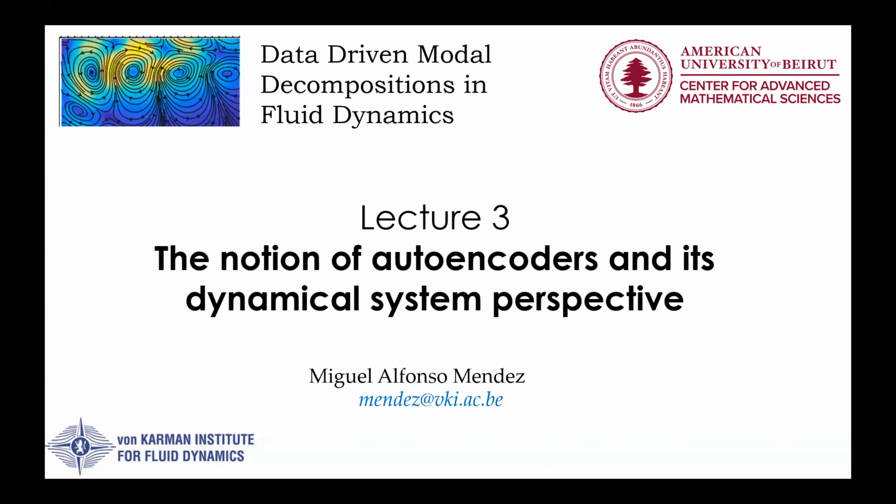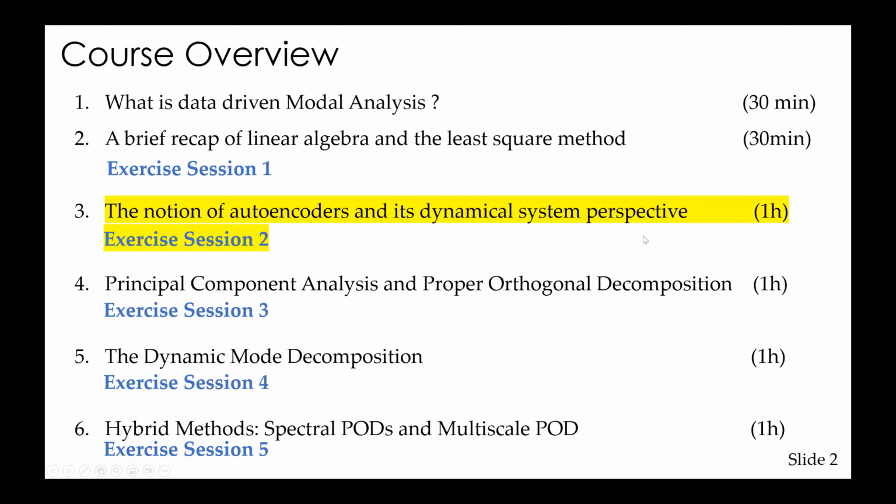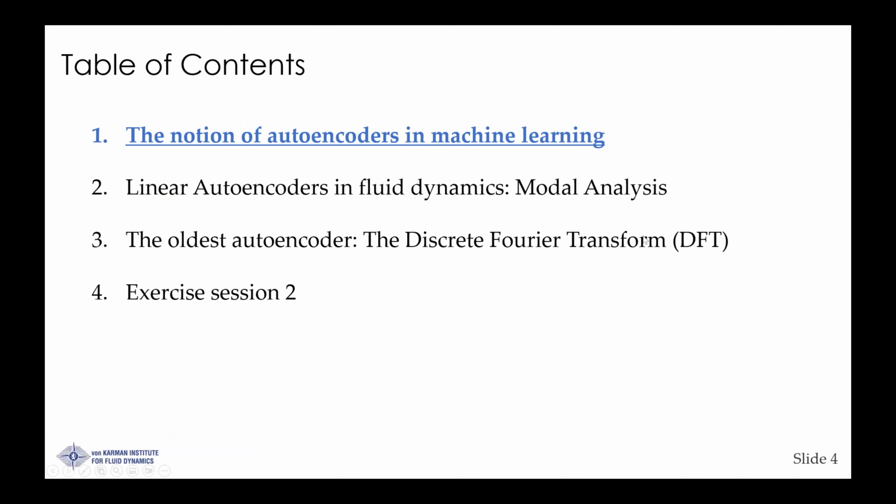But let's recap a bit of what we have seen with this exercise. We have seen already the notion of encoder, decoder, and autoencoder. With this third lecture, what I wanted to give was the dynamical system perspective of this operation. What do I mean by dynamical system perspective? I mean that the data sets we are going to consider are now evolving according to some dynamics.